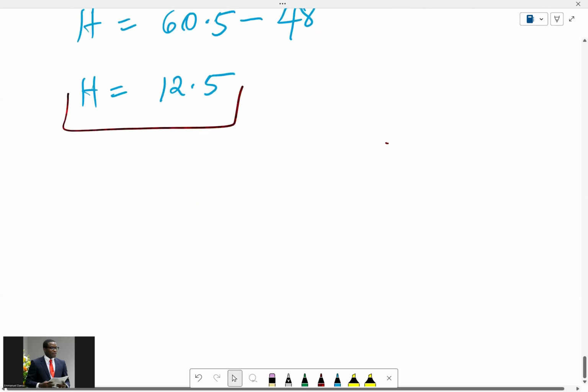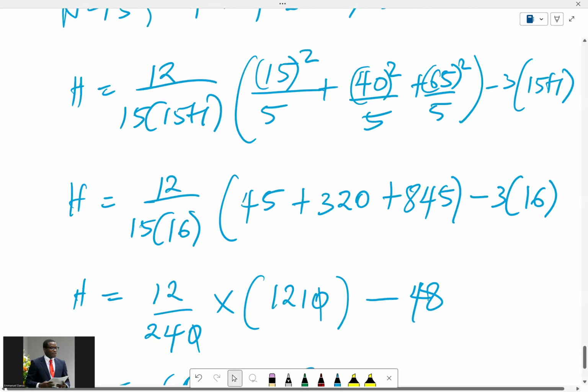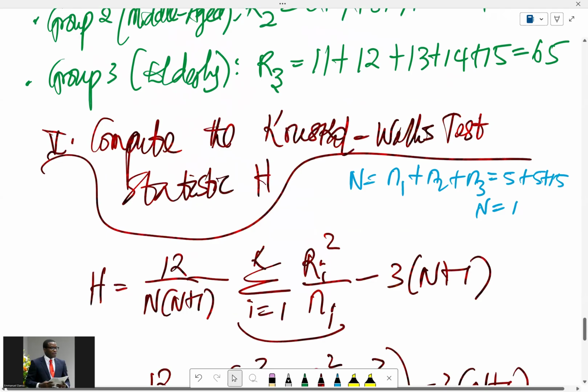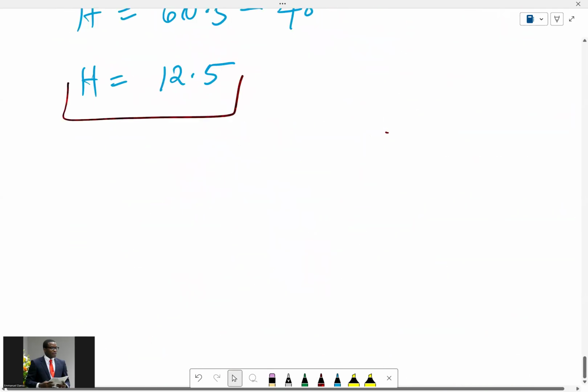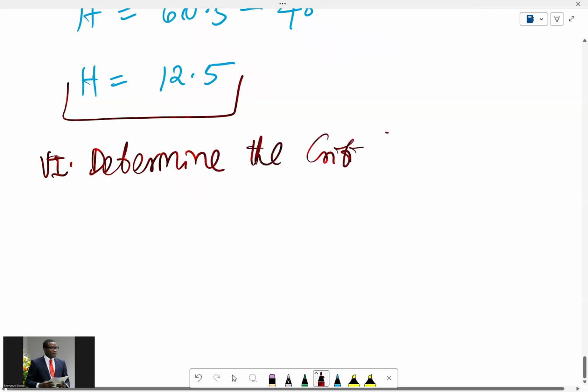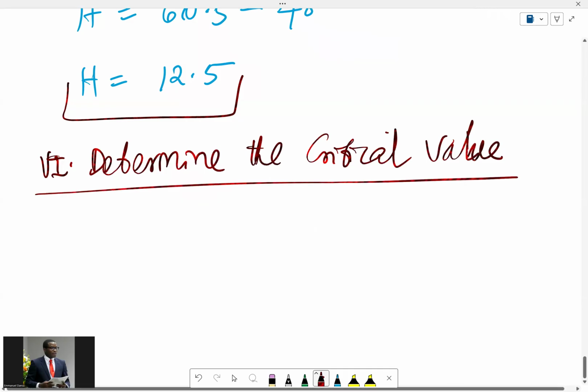That should be our sixth step. So the sixth step now is to determine the critical value. Of course that should come from a table.